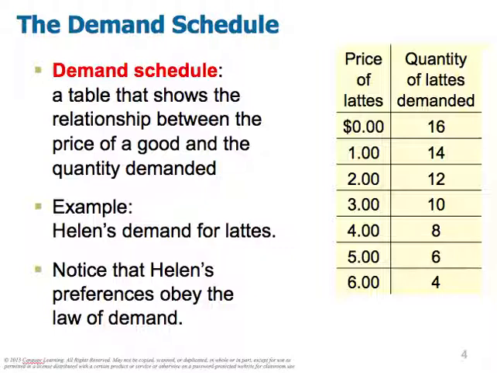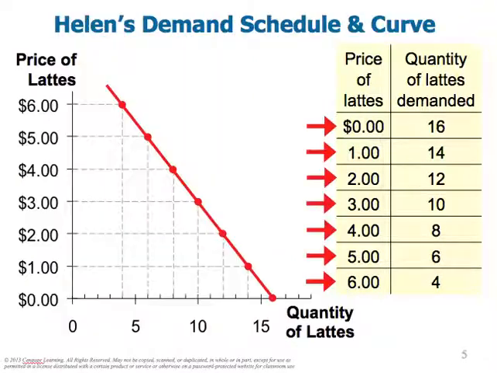Let's have a look at the graph for the demand schedule. If you graph this table, what you get is the demand curve. On the vertical axis, we have the price of lattes. On the horizontal axis, we have the quantity of lattes. If we plot these points, $0 and 16 lattes, that's this point right here.